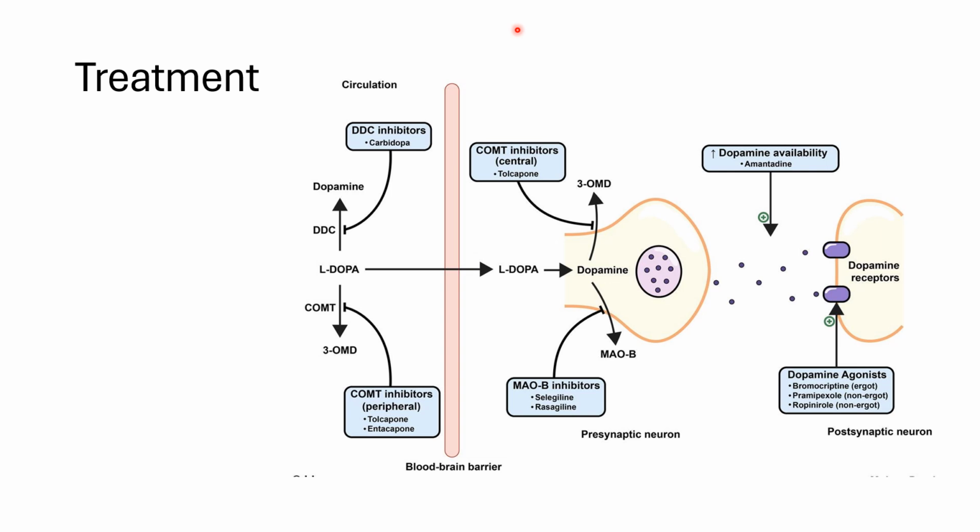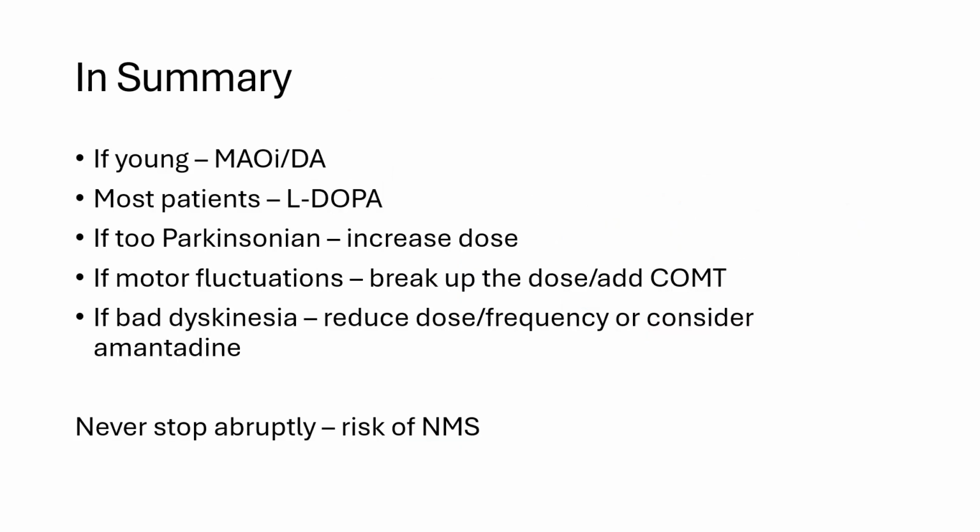But looking at the complexity of the system that we're trying to intervene on, you can imagine that just a dopamine agonist is potentially a poor substitute for all of the medications that a person is on, particularly if they're a bit more advanced.